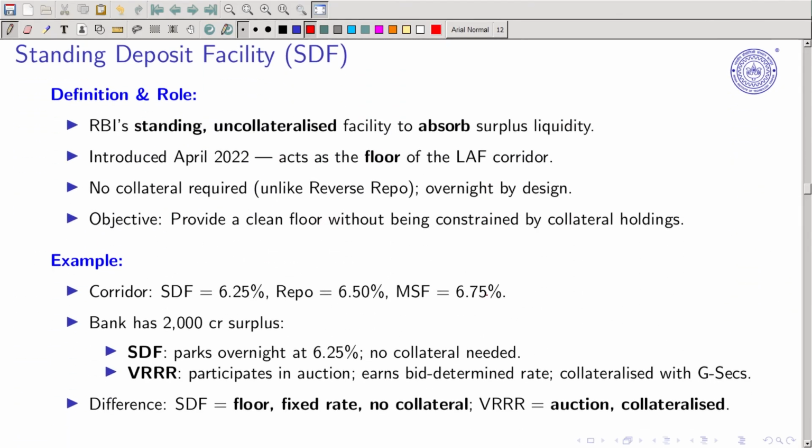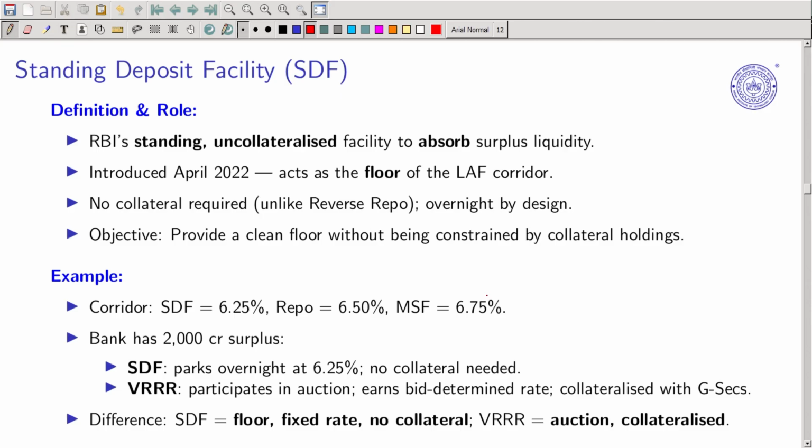Here we have the standing deposit facility. What is SDF? SDF was introduced in April 2022 and it acts as the floor of the LAF. RBI has this uncollateralized facility to absorb surplus liquidity.